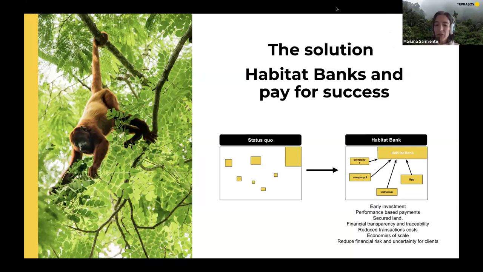Here we have early investments. Payments are only delivered once outcomes are achieved. Land is secured for 30 years. There are structures that ensure financial transparency and traceability, reduce transaction costs for everybody, and generate economies of scale, and reduce the financial risk and uncertainty for those who pay.